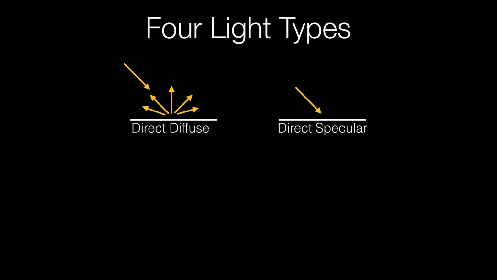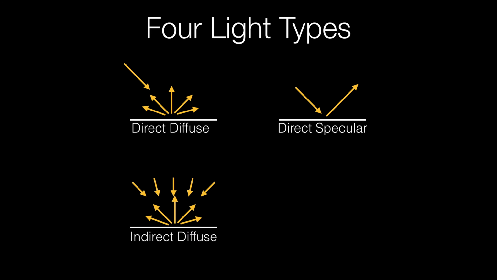If we combine the incoming and outgoing behaviors, we end up with four main light surface interactions. Direct diffuse is light coming directly from the source and getting scattered in all directions. Direct specular is light coming directly from the source and being reflected in a focused direction.